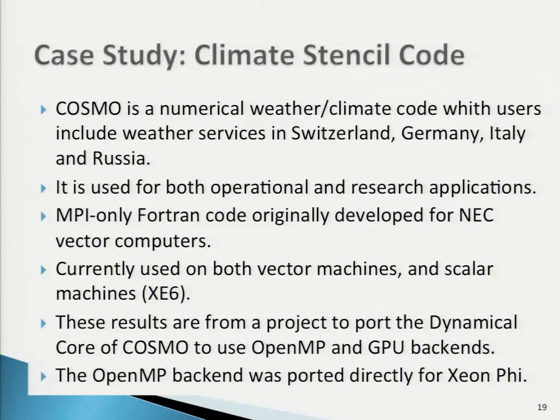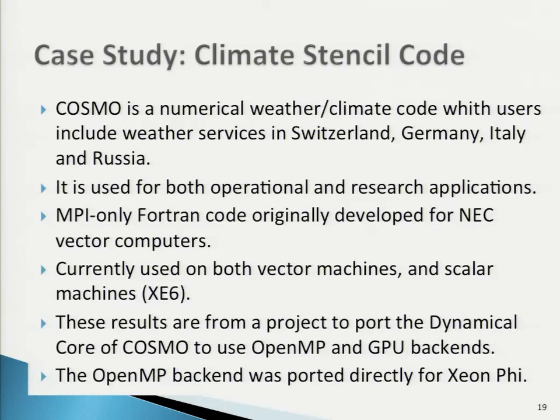Originally, it's based on an MPI-only Fortran code that was developed for NEC vector computers. So if you go through the Fortran code, you see a lot of design choices that were made for these old NEC vector machines that don't run particularly well on modern multi-core and many-core processors. But the problem is that it's currently used on a lot of these machines.